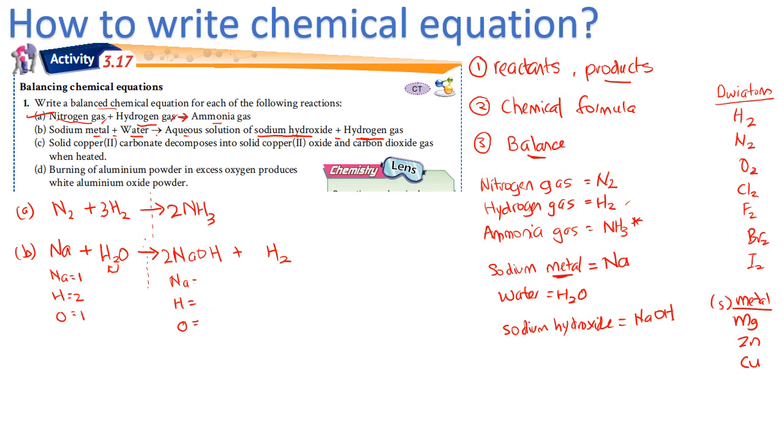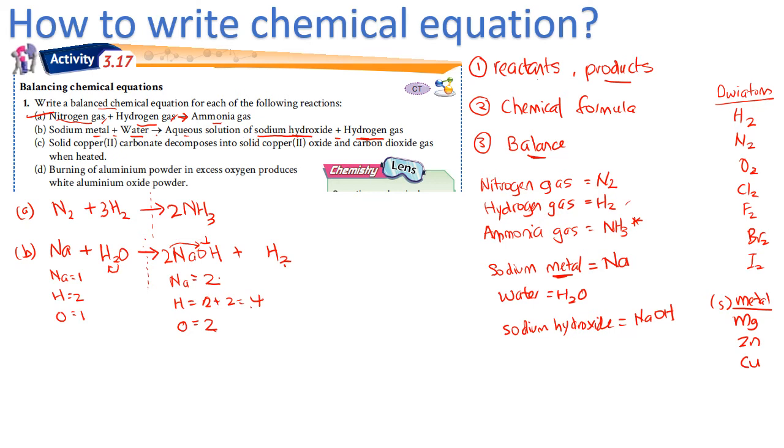When we times 2, we need to recount it. 2 sodium. Hydrogen now, you got 2 here and another 2 here, so 2 plus 2 is 4 hydrogen. Oxygen, you got 2 here.